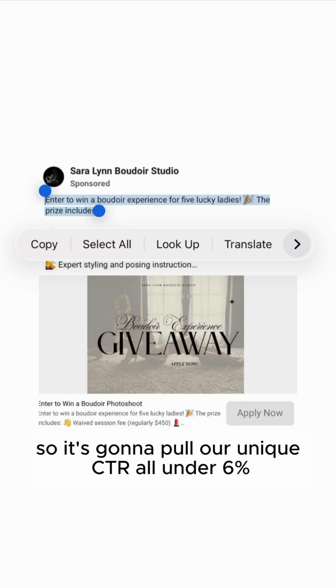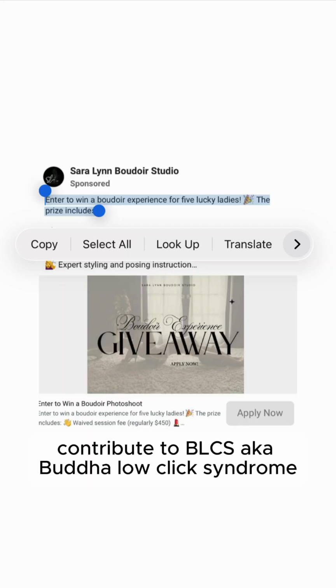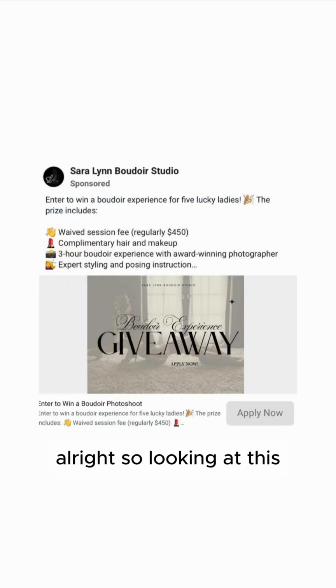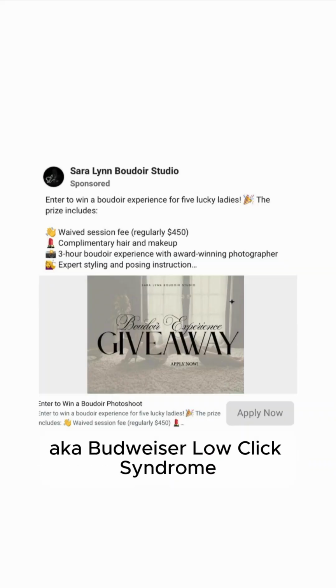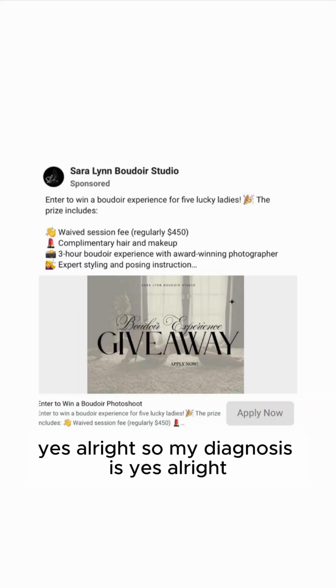So it's going to pull our unique CTR all under 6%, and it's actually going to contribute to BLCS, aka Boudoir low click syndrome. All right, so looking at this, do we believe this has BLCS, aka Boudoir low click syndrome, and has a unique CTR under 6%? Yes. All right, so my diagnosis is yes.